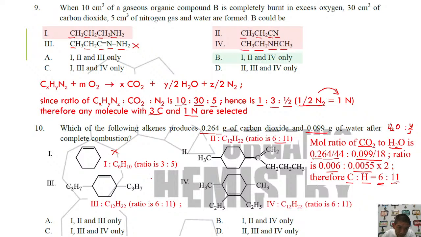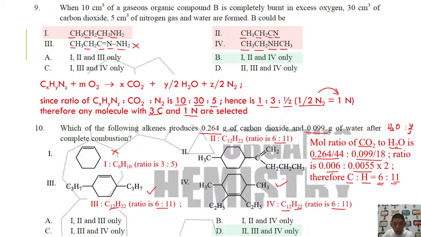Number 3, also the same, since it is C12H22, the ratio is 6 to 11. So number 3 is also correct. And finally, number 4, if you calculate properly, it is also C12H22. So the ratio is also 6 to 11. So 2, 3, and 4 are correct. Therefore, the best answer in here is D. So that is how you solve question number 10.